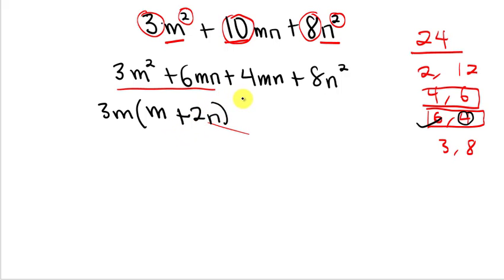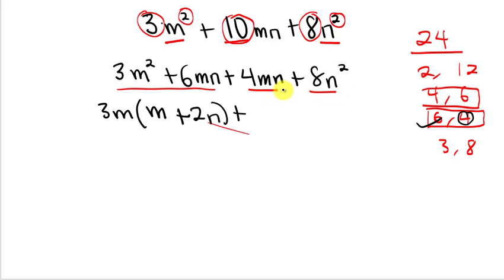You move on to the next two terms, that is the 4mn plus 8n squared. You bring the operation, that is plus. Now, what is the common factor there, 4mn and then 8n squared? The common factor there is 4n, because 4 will go into the 4mn and the same 4 will go into the 8n squared.